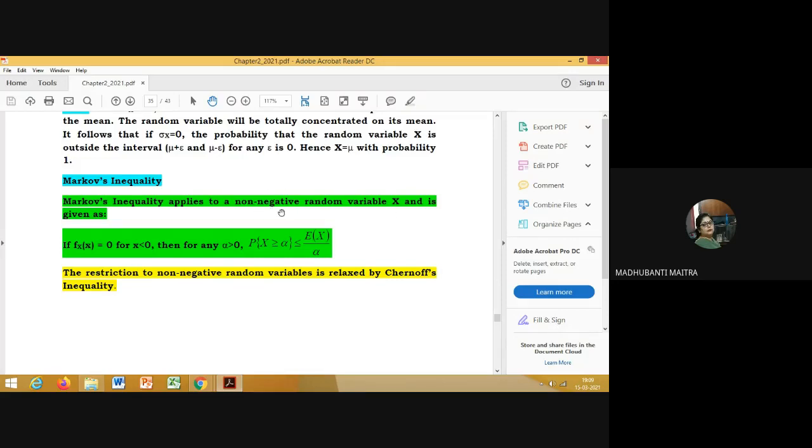That is the condition: non-negative random variable x, given that f of x is 0 for x less than 0, meaning for negative values of x the distribution function is 0. Under that condition, for any alpha greater than 0, the probability that x is greater than or equal to alpha will always be less than or equal to the expected value of the random variable divided by alpha.